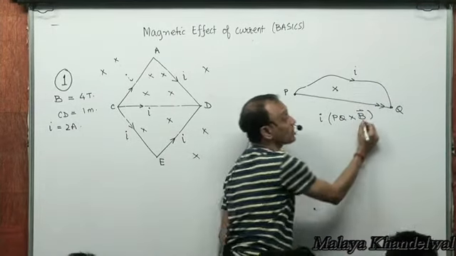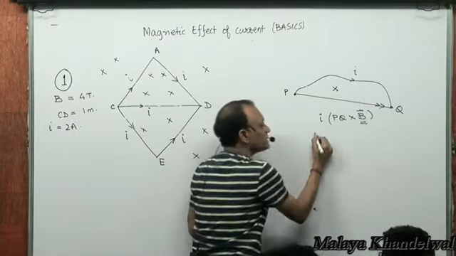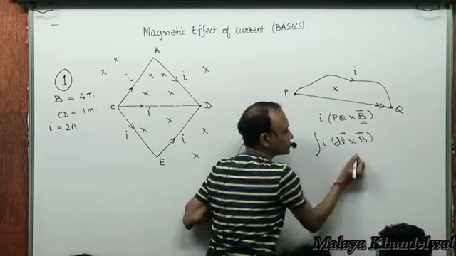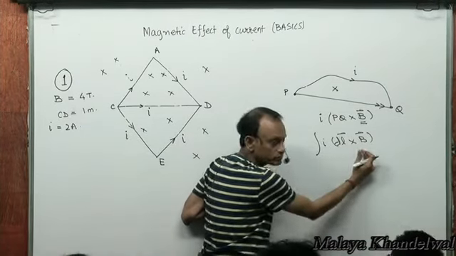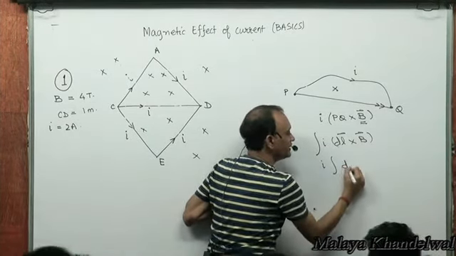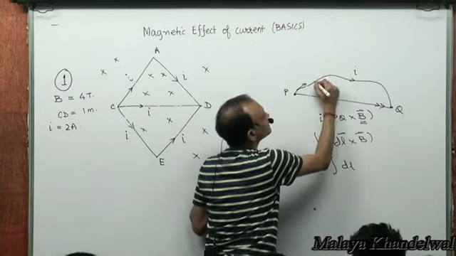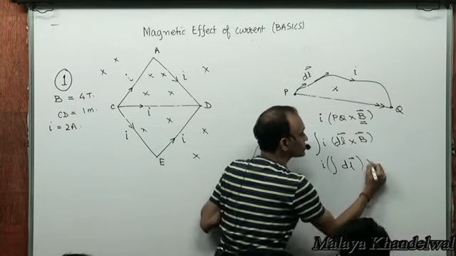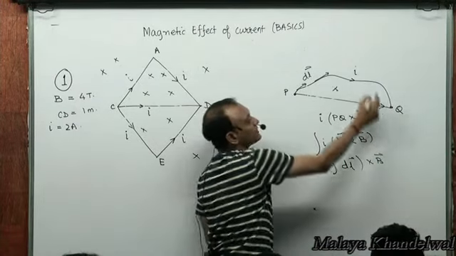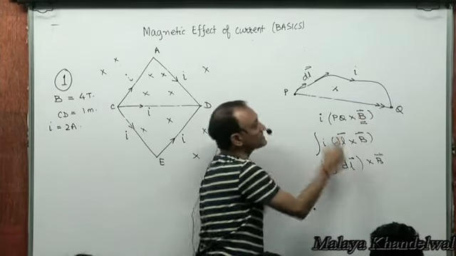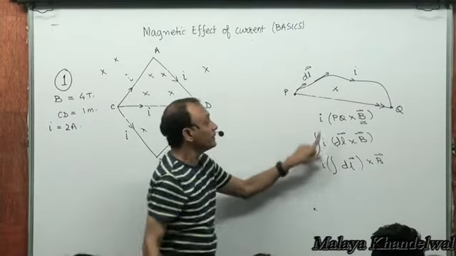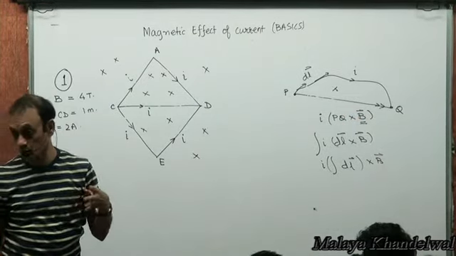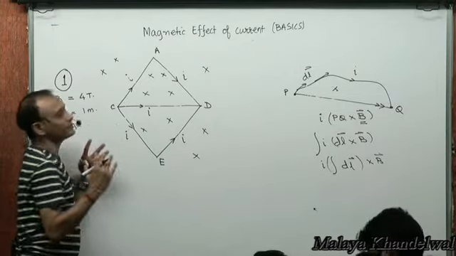If B is constant, then in the sum of all the I dl cross B's, the B will come out, I will come out, integral dl. These are my elements dl, and then cross B. But the vector sum of all these dl's will be PQ. So I PQ cross B would be the total force acting on it. Yes or no?